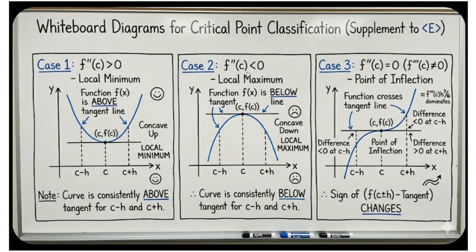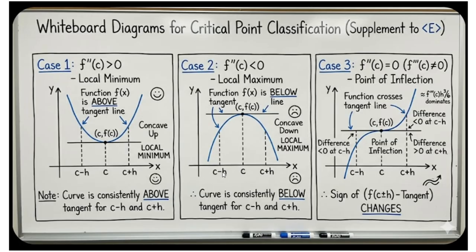Coming to the second case, f double dash of c is less than 0. What happens in this case? Once you find the critical point, on the left side at c minus h, the difference is dominated by f double dash of c into h square divided by 2 factorial.